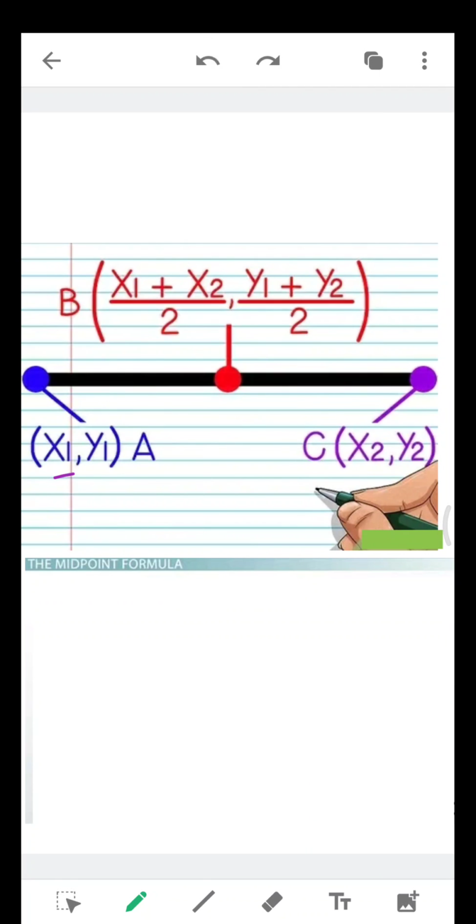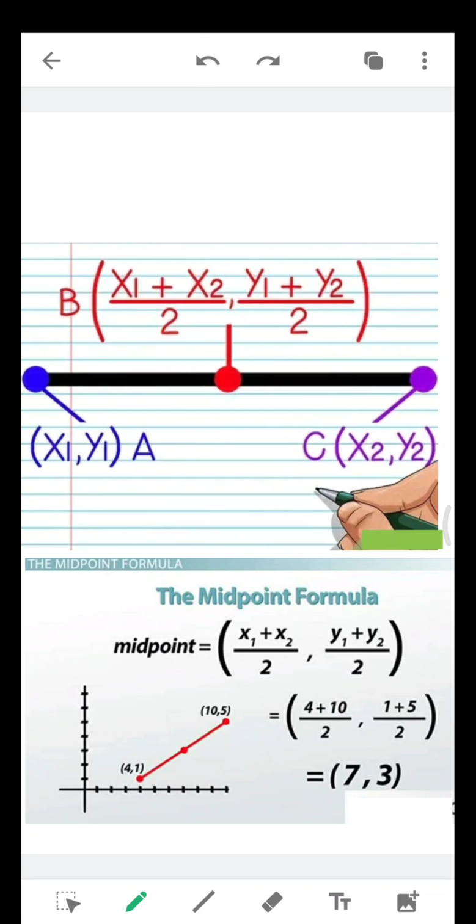So let's have a look at one example. Midpoint. This is the line segment with the points 4 comma 1 and 10 comma 5. So your x1, y1 is 4, 1, and 10 comma 5 is your x2, y2.